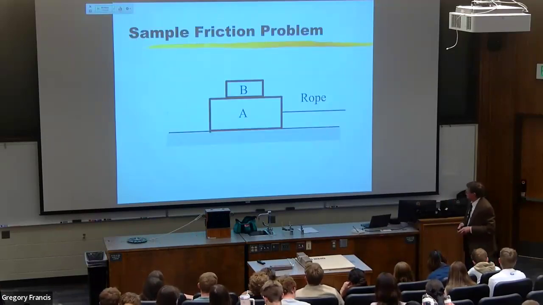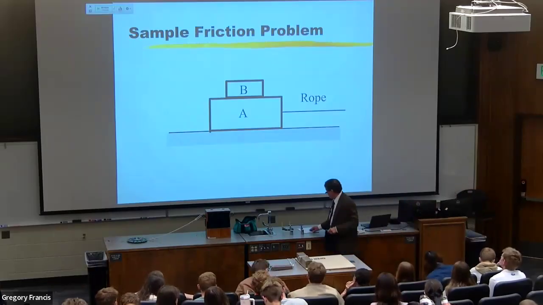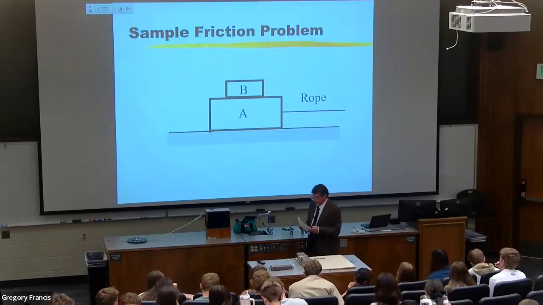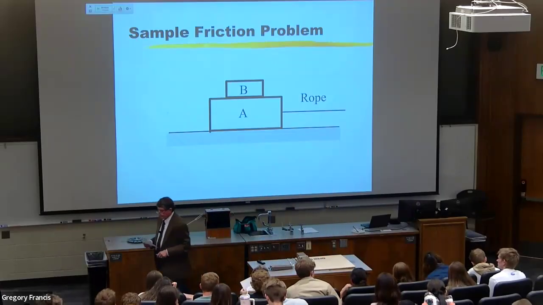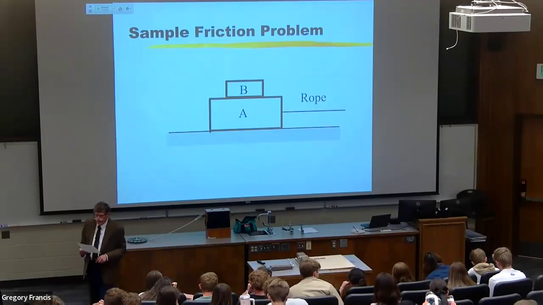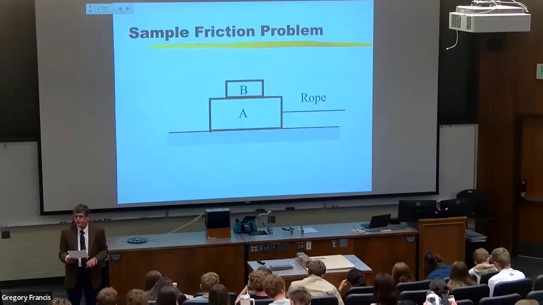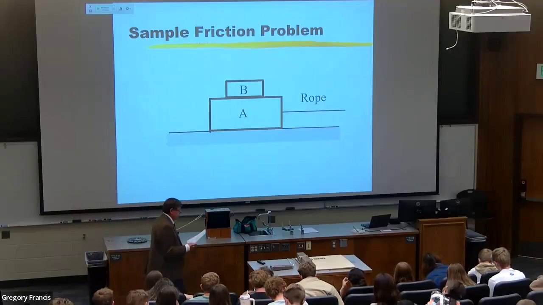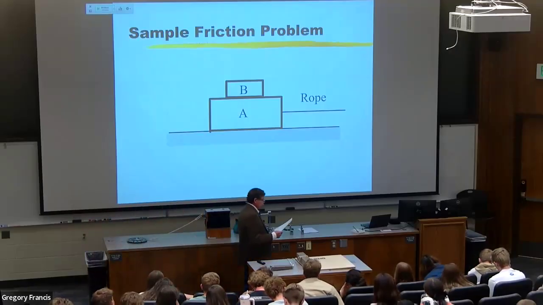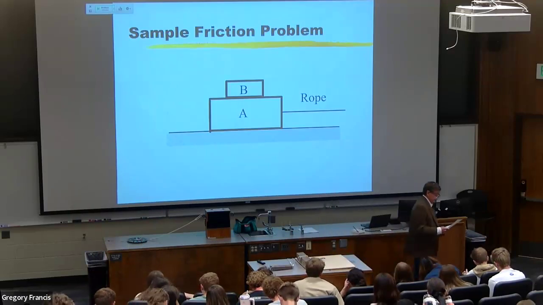To start with, if we just look at the first parts, A and B, you just have a block A that is 25 kilograms and is being pulled across a floor with an acceleration of 2 meters per second every second. We're told that the coefficient of kinetic friction between the floor and the block is 0.3. So really quick, do parts A and B of that exam question.